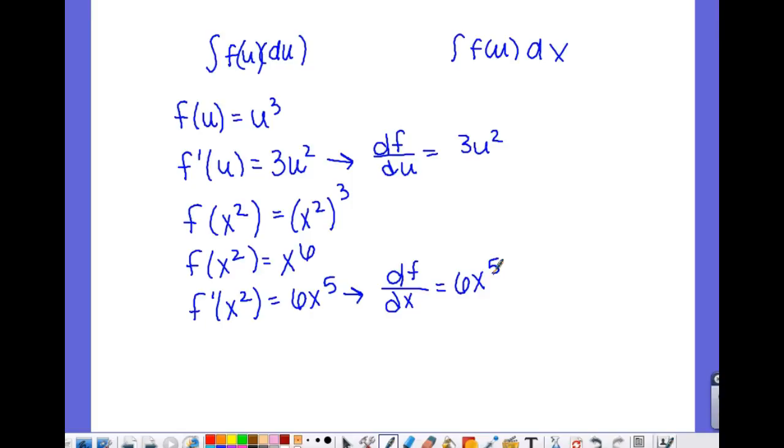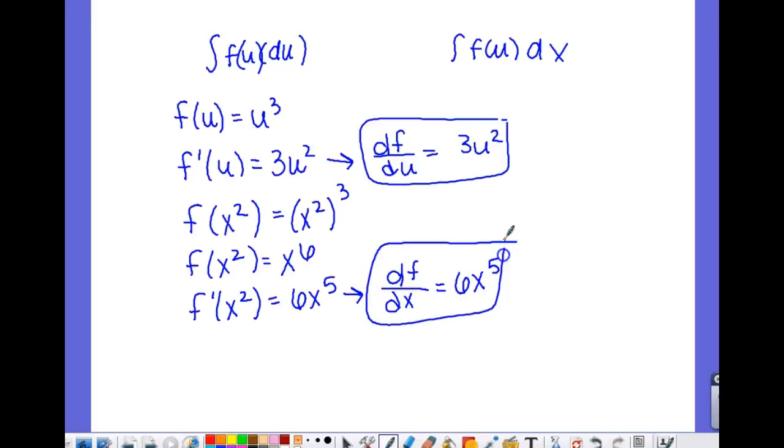Well, how does that help me put into place the integrals? I need to know that I can get to that du. So I need to take this piece here and solve for du, and take this piece here and solve for dx, so I can put the du's and the dx's into my problem.